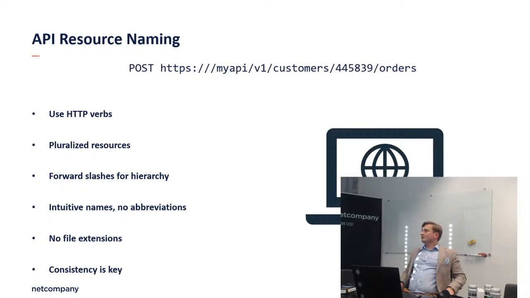Again, we shouldn't use abbreviations and stick to intuitive names. We should avoid file extensions. We set it in the request, not in the URL. Again, consistency is key. And I would also say that we should use HTTP verbs.